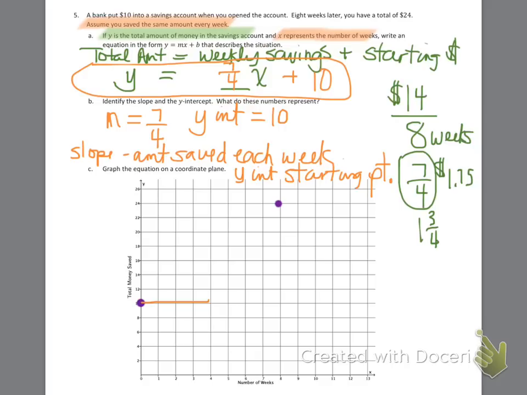Each of the lines on the vertical axis stands for $2. So to go up $7, I'm going to go 3.5 of those and put a point right in the middle. Right in the middle right there. Okay, those points appear to be in the same line, so let's see if I can connect them. So there's a line representing the situation of the total amount of savings in my bank account.